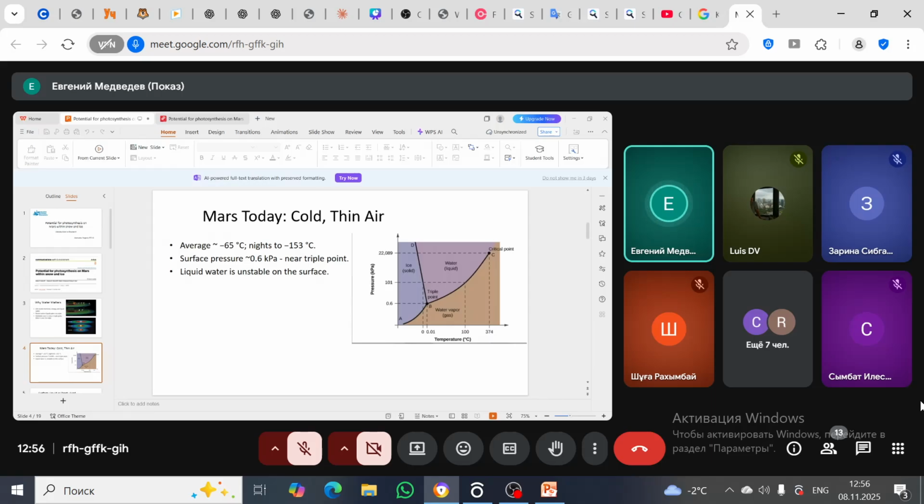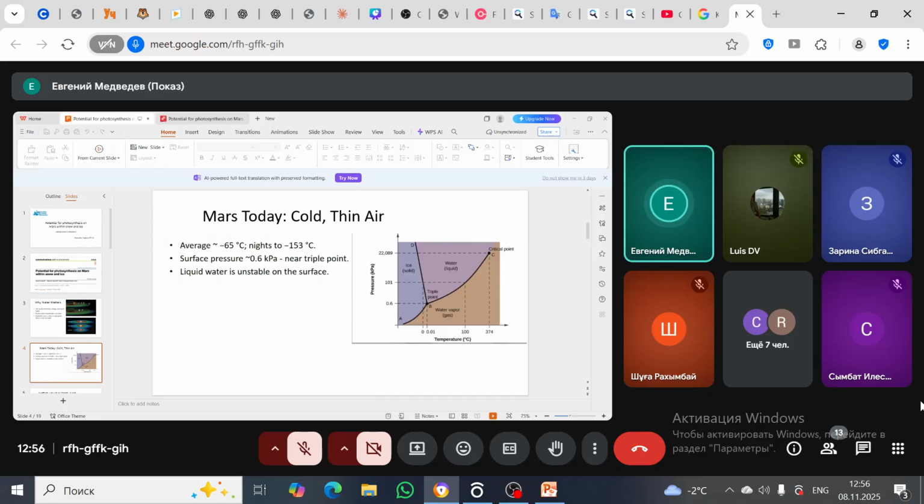But for some conditions, there could be ice or liquid water. So stable ponds or lakes are unlikely today, and even salty brines are short-lived in open air. So we need some protection, and ice can provide that protective cover.